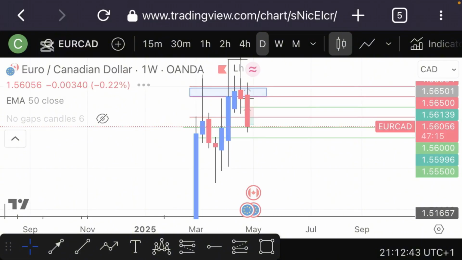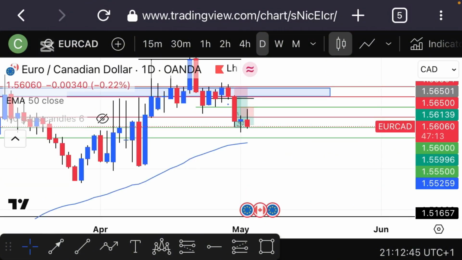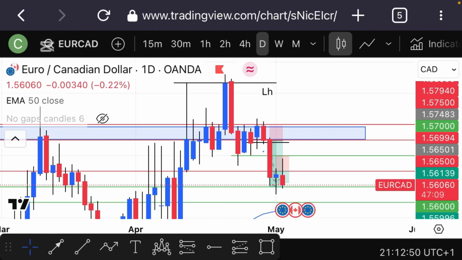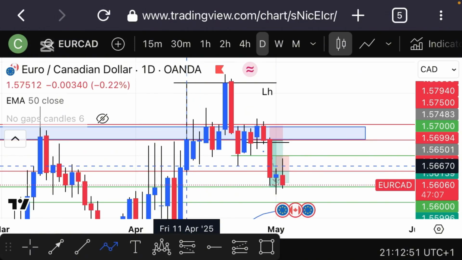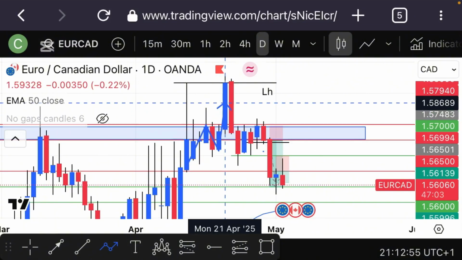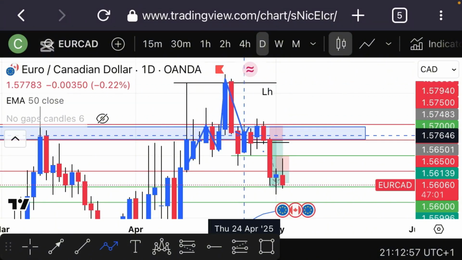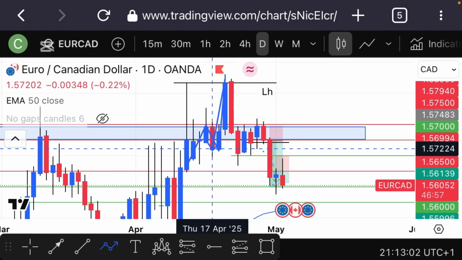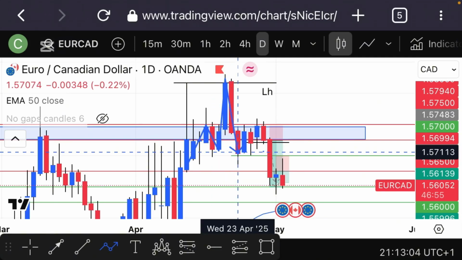So I go on the daily time frame. This is where I find the daily time frame is bearish after having higher high, higher low, higher high. It shifted structure, closing under this higher low, making now the daily time frame bearish.